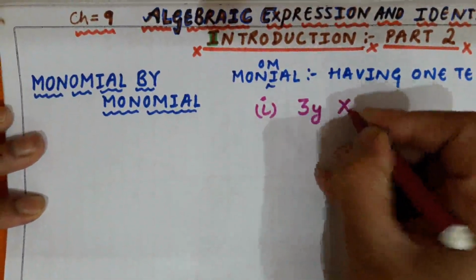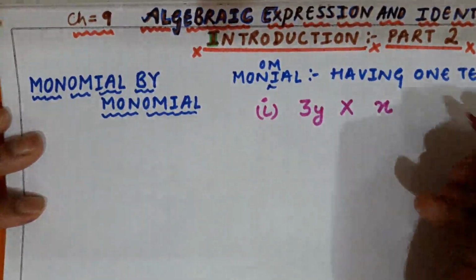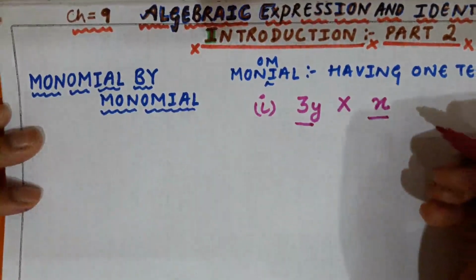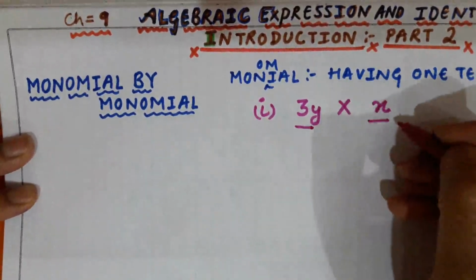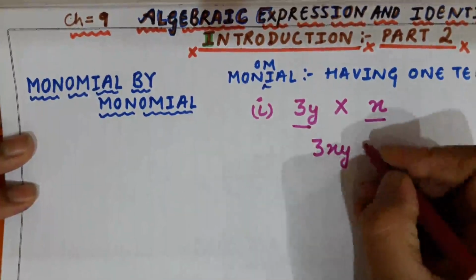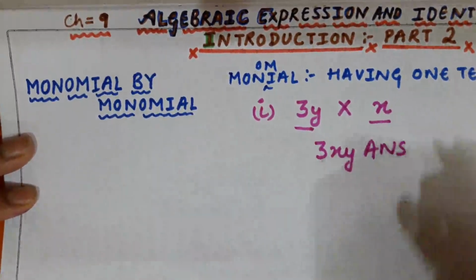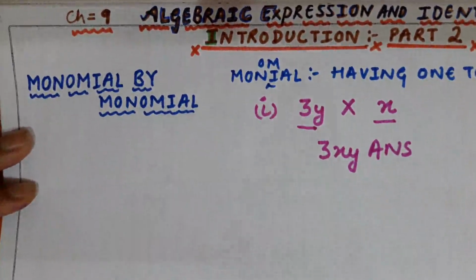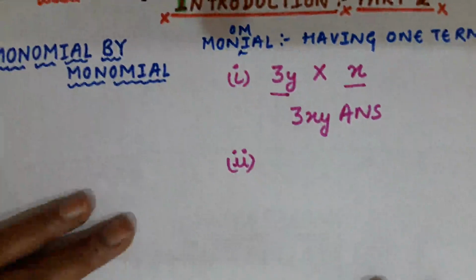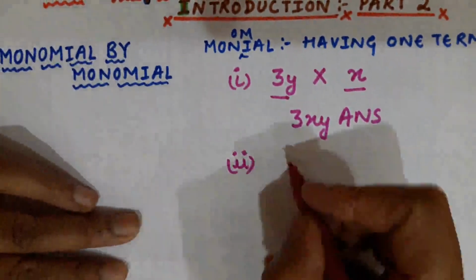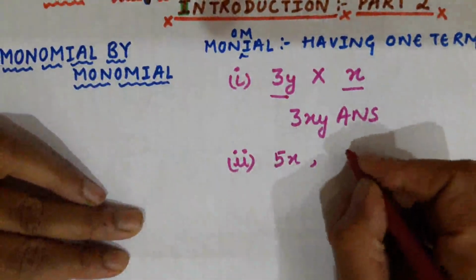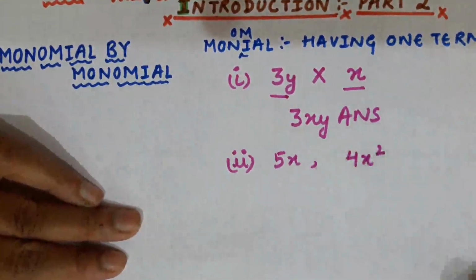Let's take a very first example: 3y multiplied by x. 3y is a monomial term, x is also a monomial term, so multiplying both of them you get 3xy as the answer. Second example is 5x and 4x square.